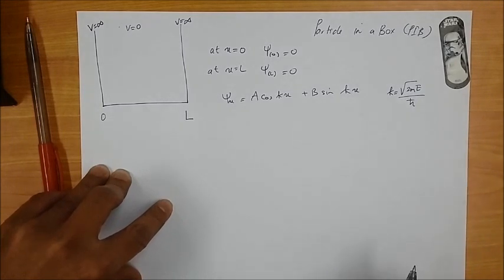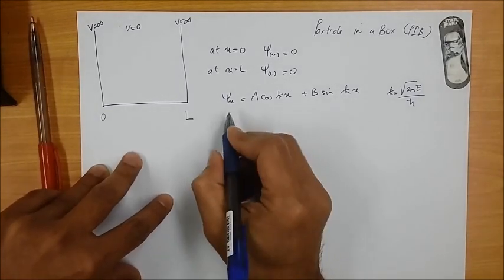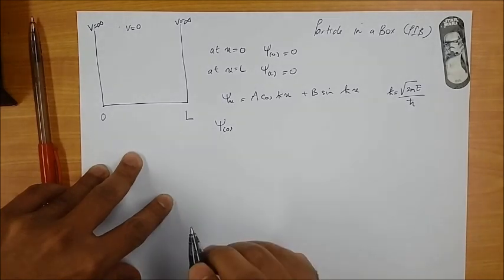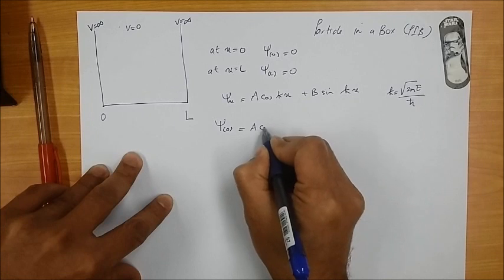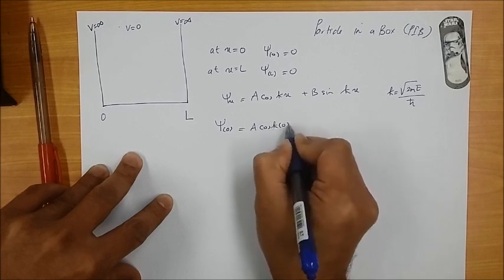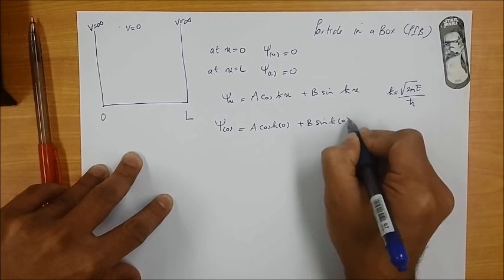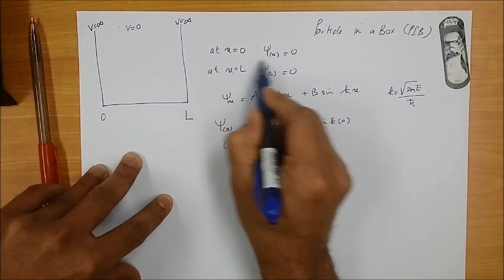All right? Okay, now let's analyze this. If the boundary conditions say that at x equals 0, psi(0) is A cos(k times 0) plus B sin(k times 0), and this is equal to 0, as our boundary conditions.